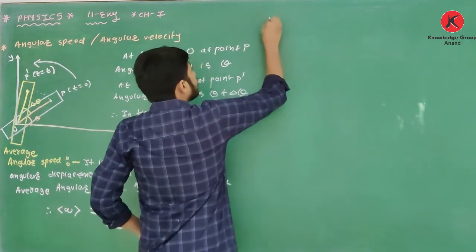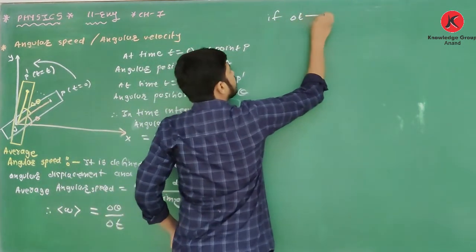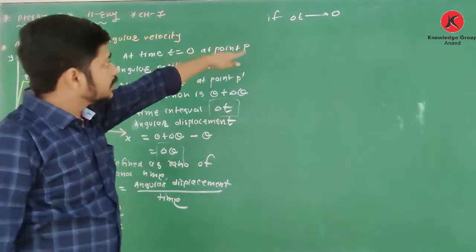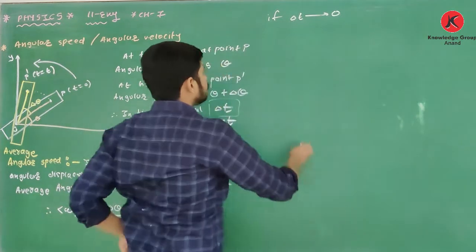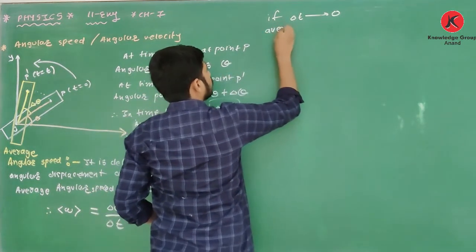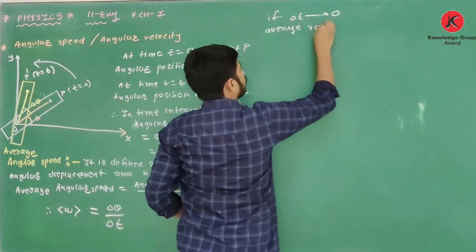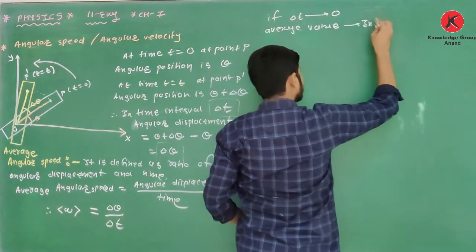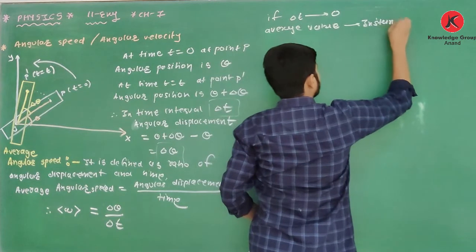We have discussed that if delta t tends to 0, the average value becomes the instantaneous value.